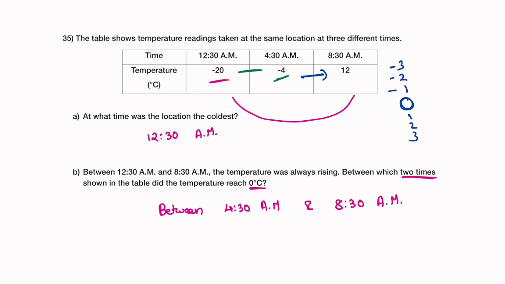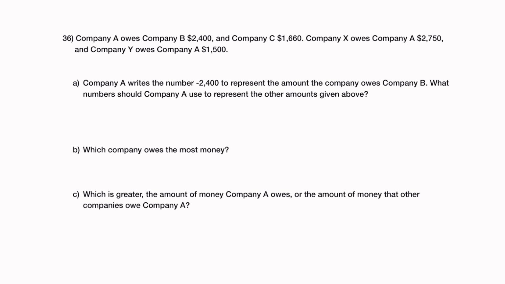They're really easy ones. Company A owes Company B $2,400 and Company C $1,660. Oh my God, A owes so much money. Okay, so A to B is how much? $2,400.